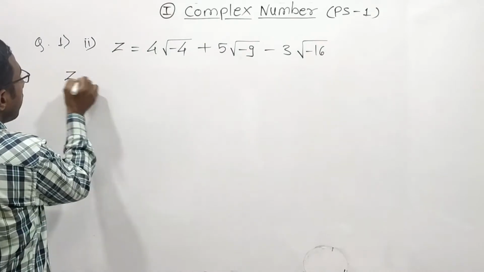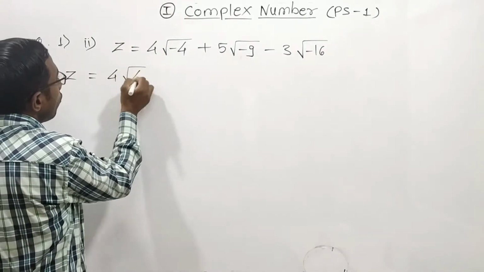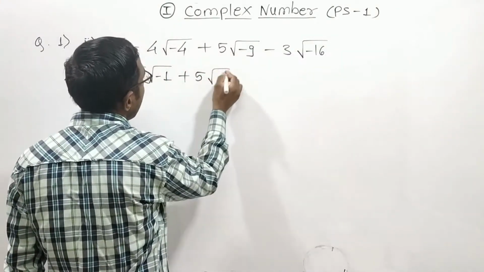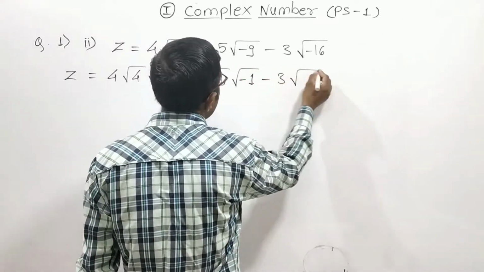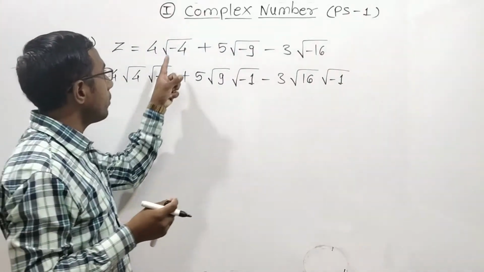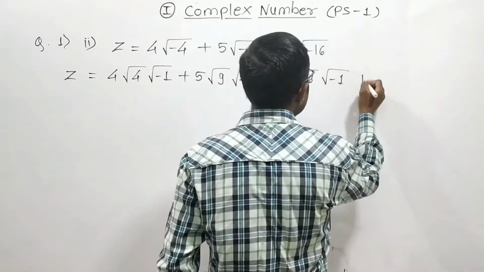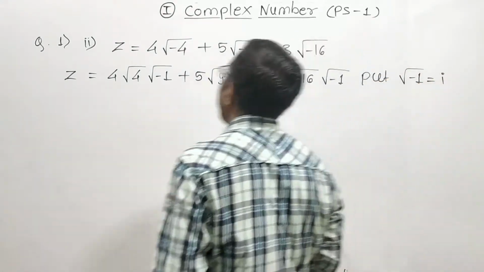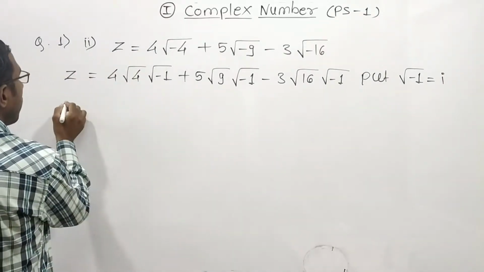So how to write it? z is equals to 4 root minus 1 into 4, plus 5 root 9 root minus 1, minus 3 root 16 root minus 1. Now put square root of minus 1 is equals to i.